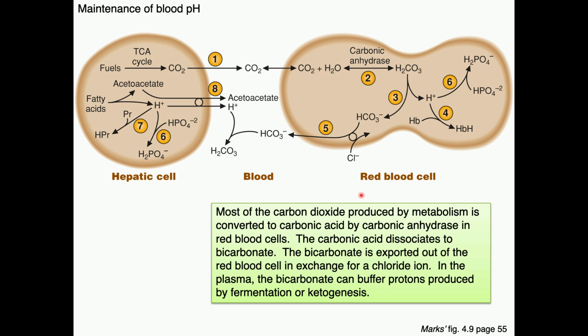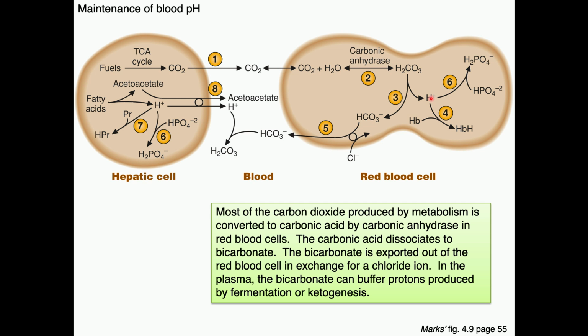Okay, so this is a nice diagram summarizing carbonic anhydrase and its role in extracellular buffering. There's just a couple of things that I want to say here. With respect to intracellular pH buffering, as the carbonic acid dissociates into bicarbonate, it releases a proton, and this proton, if it's just there in space, is going to acidify the cytoplasm of the red blood cell.